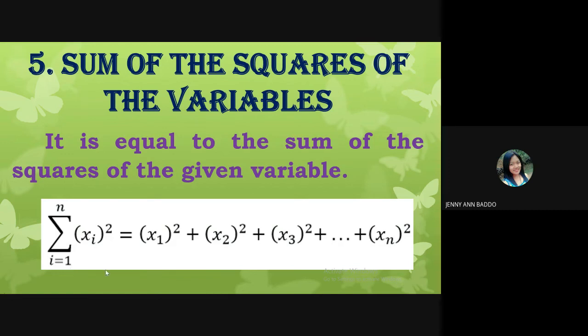So to expand that, we simply have to copy the typical element, but we're going to substitute the i's using the starting up to the stopping point. So we have the square of x sub 1 plus the square of x sub 2 up to the square of x sub n.